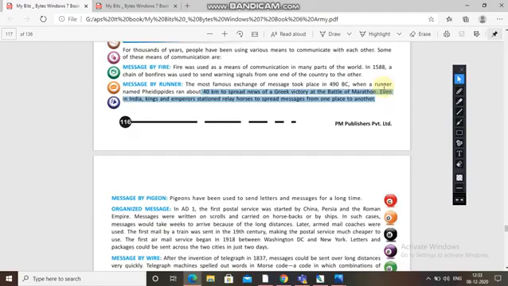In such cases, a message would take weeks to arrive because of the long distances. Because people are living far apart, or you are sending the message a long distance, it takes time. But the first postal service was started by these three: the Roman Empire, Persia and China.